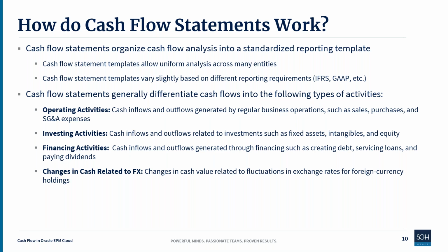We have investing activities, which is purchasing and selling investments like fixed assets and equity investments, things like that, more of your long-term investments. And then financing activities, which is anything that's related to creating debt or equity and either getting new debt, paying off your debt, getting investments, paying dividends, etc.